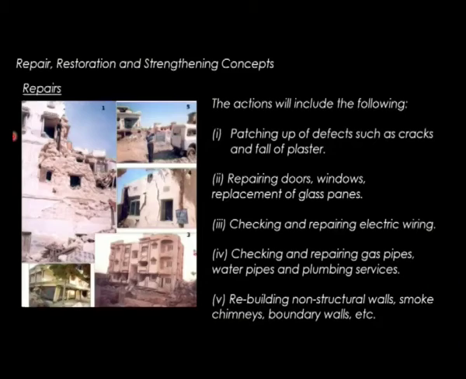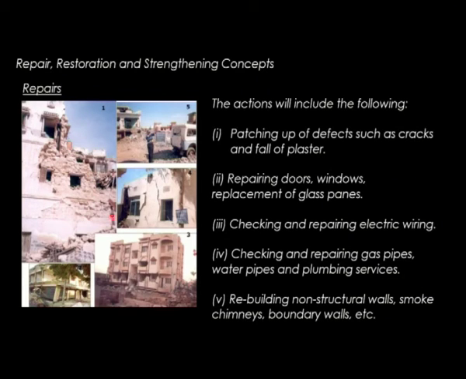So, the actions will include patching up of defects such as cracks and fall of plaster, repairing doors and windows, replacement of glass panes, checking and repairing electrical wiring, checking and repairing gas pipes, water pipes and plumbing services, and rebuilding non-structural walls, smoke chimneys, boundary walls, etc.